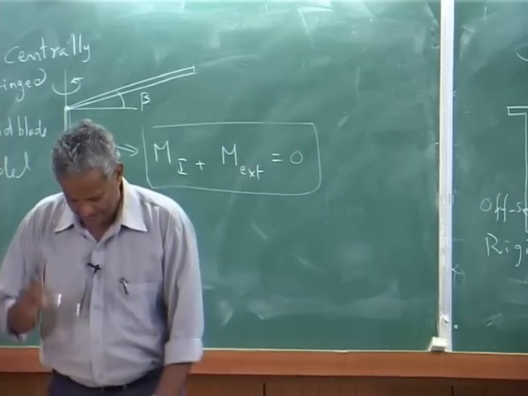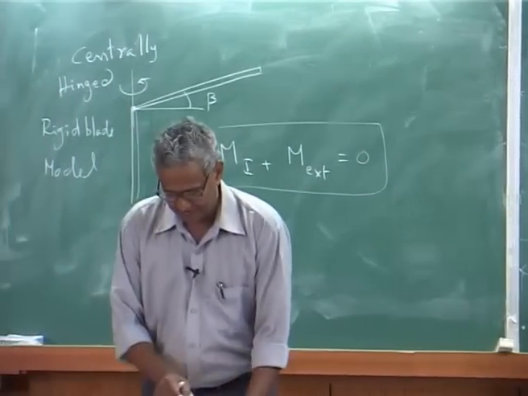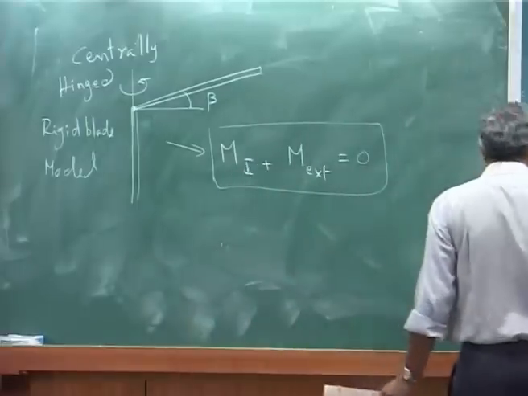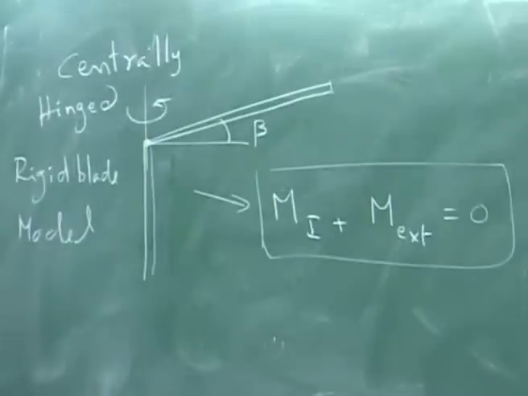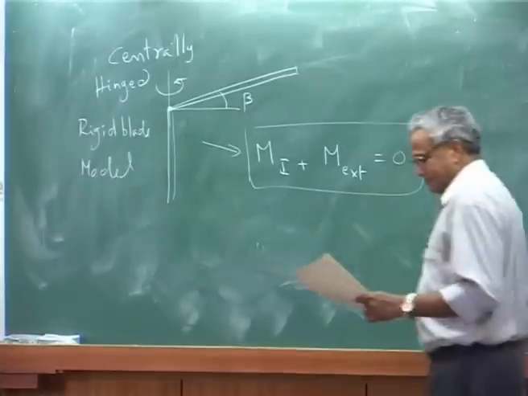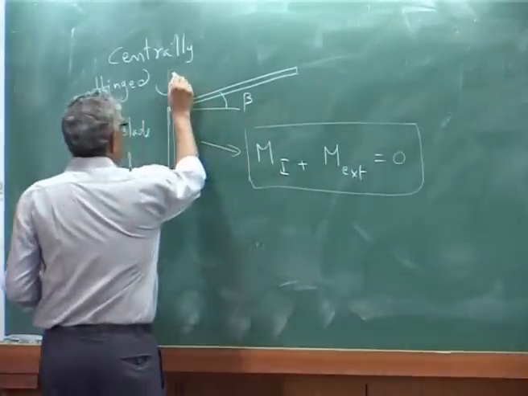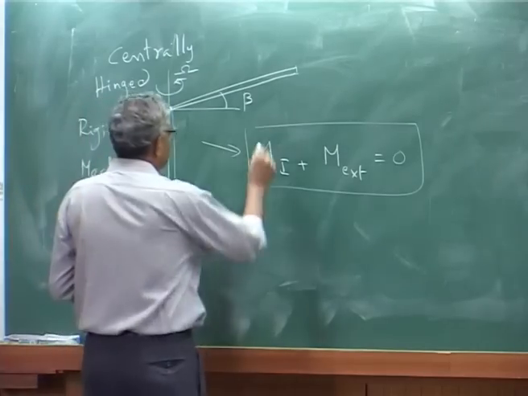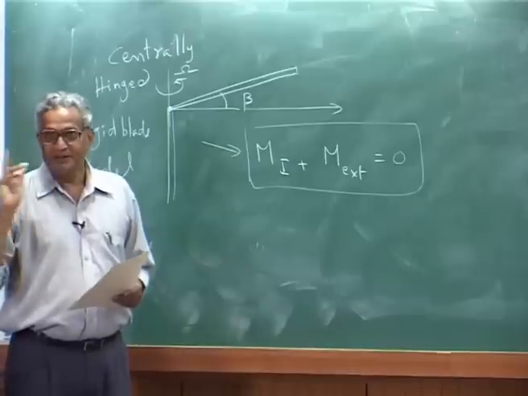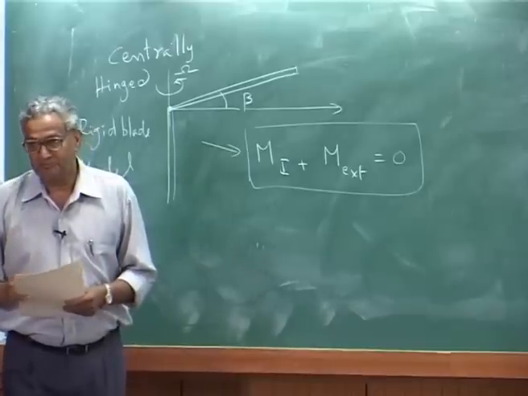Now we will take up how you develop the equation, because this is basically the dynamics of a rotating beam. So we'll go very systematically. This is my omega, and please understand, this is in the rotating frame.